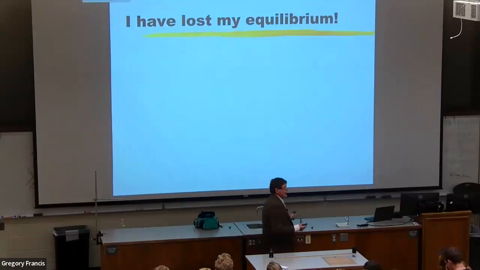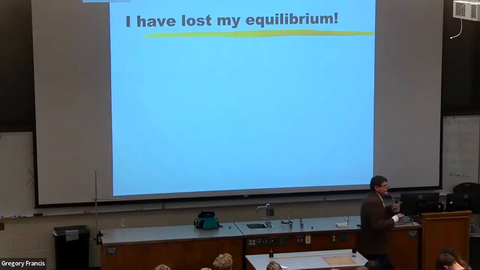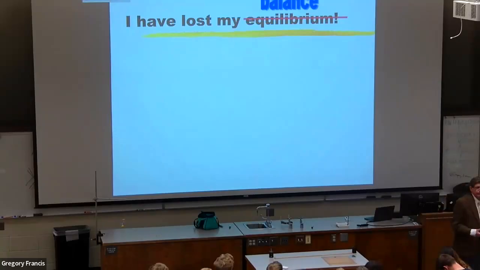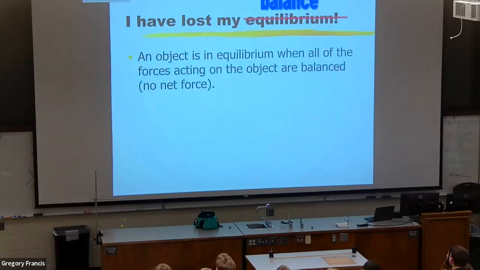When I say I've lost my equilibrium, what that means is I've lost my balance. Now, those of you that are going to be engineers or architects, a whole lot of the problems that you're going to be solving involve equilibrium. Okay? And this is how we define equilibrium. An object's in equilibrium when all of the forces acting on the object are balanced.